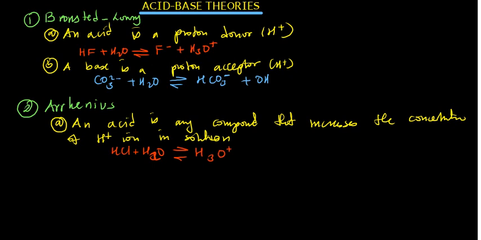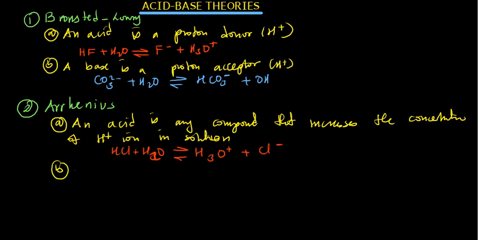So the water gains an extra hydrogen to become the hydronium ion, and then the chlorine remains alone like that. It has increased the number of hydrogens in solution. So basically they are more like the same, Arrhenius acid and Bronsted-Lowry acid. The only difference is that when you're talking about Arrhenius, we're talking in terms of increasing.